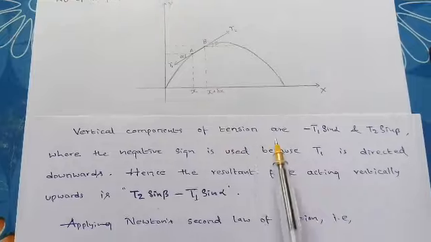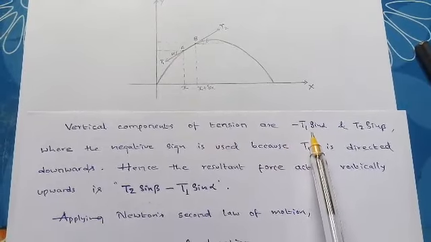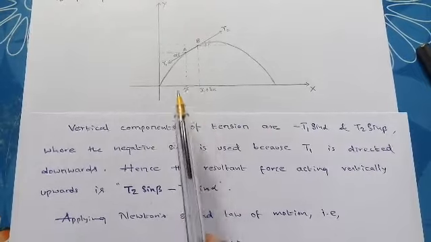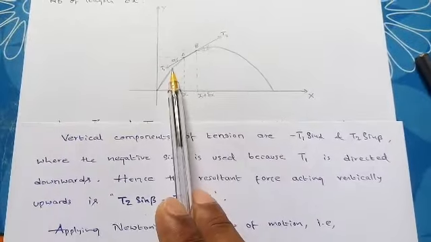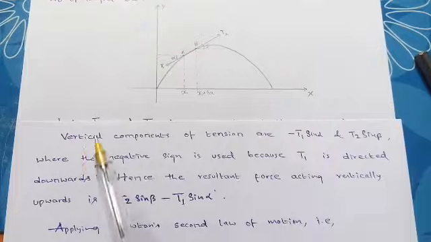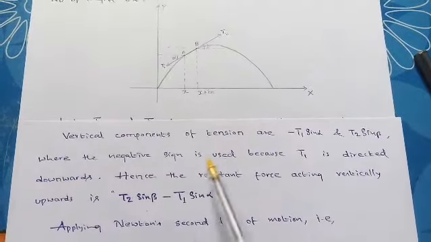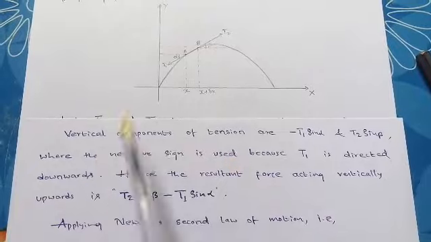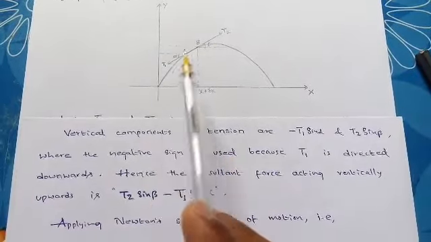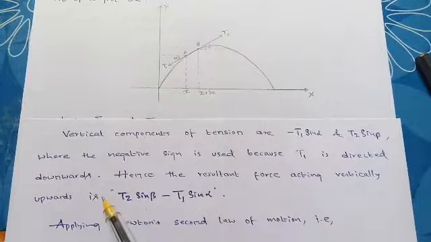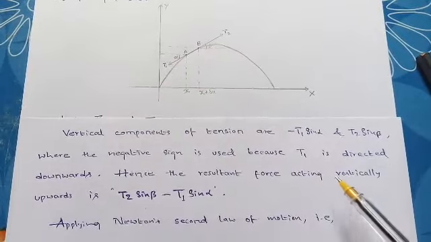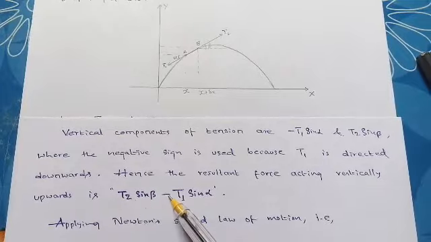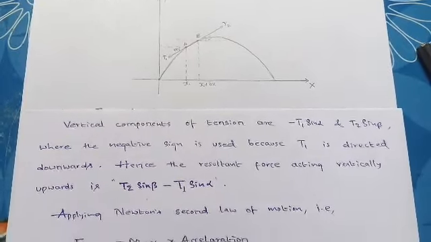Next, the vertical components of tension are minus T1 sin alpha and T2 sin beta. We take a negative sign for T1 because T1 is directed downwards, and T2 is in the upward direction. Hence the resultant force acting vertically upwards is T2 sin beta minus T1 sin alpha.